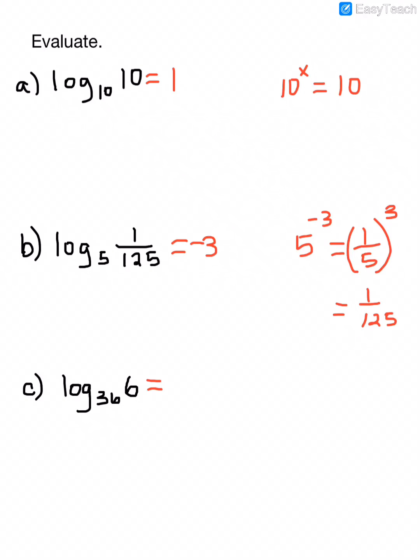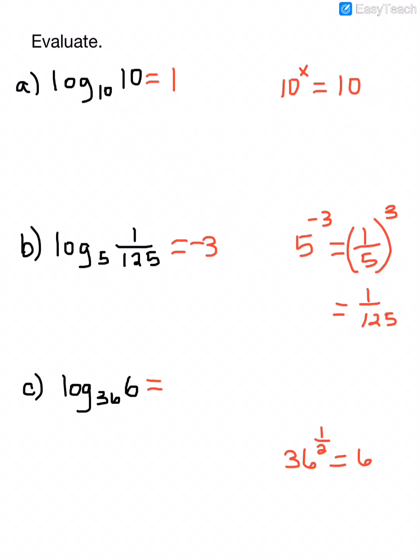Well, I know if I take the square root of 36, I get 6. So how could we write that as an exponent? If I said 36 to what power equals 6? If I want to take the square root of 36, the way that I write that as an exponent is 1/2.